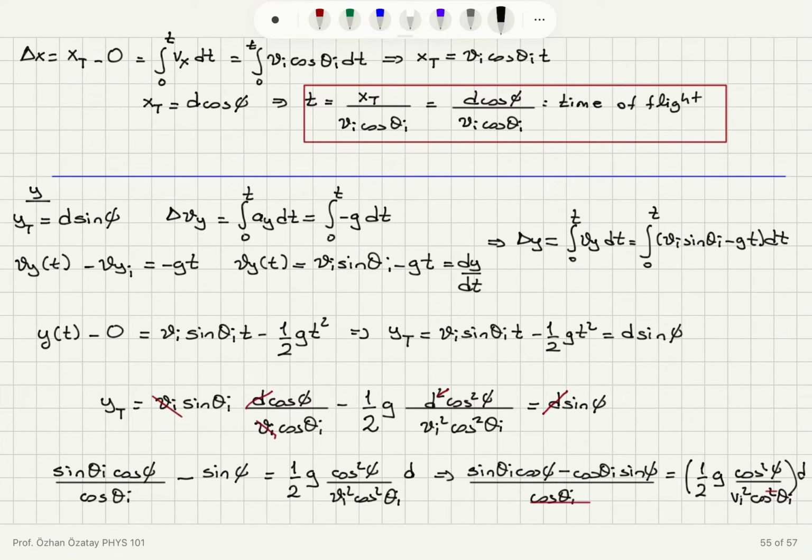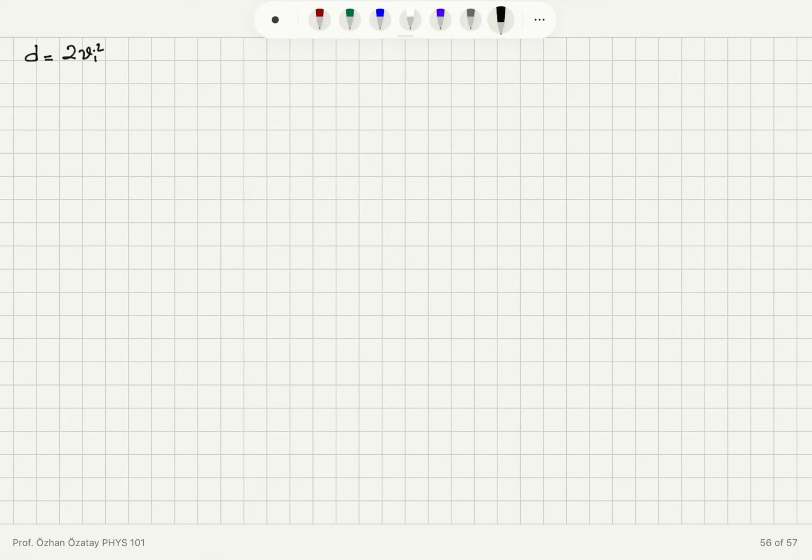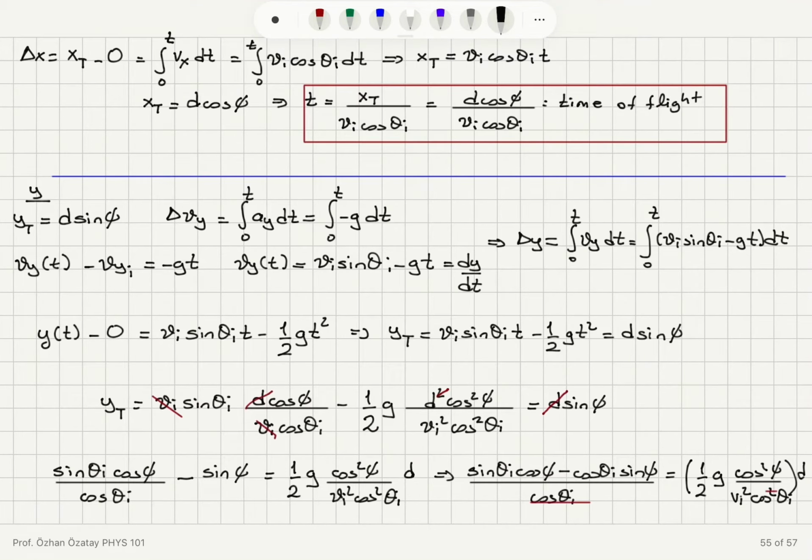So my final answer for d is 2vi square. So this 2vi square goes to the top, and then I have a cosine theta initial sine theta initial minus phi divided by g cosine square phi.